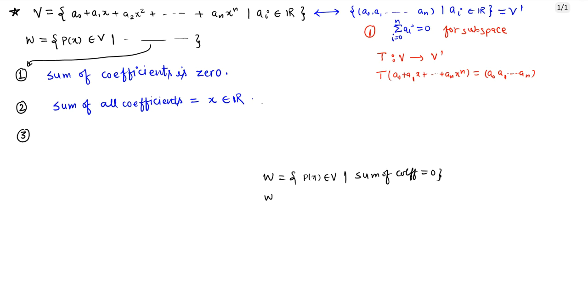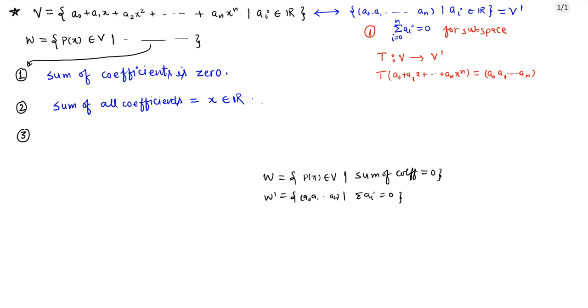And another W prime in which a naught, a1 and so on up to an are such that the summation of all ai's is equal to 0. And this is defined on the real numbers, right?